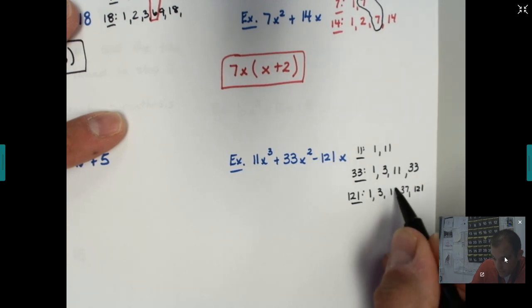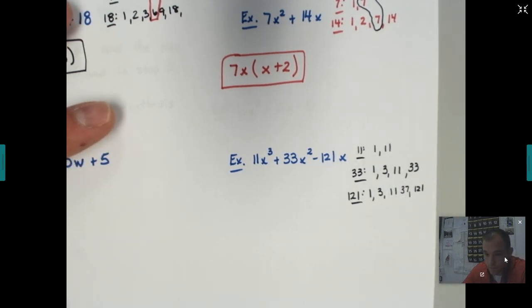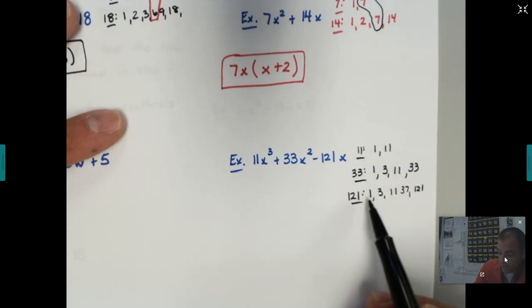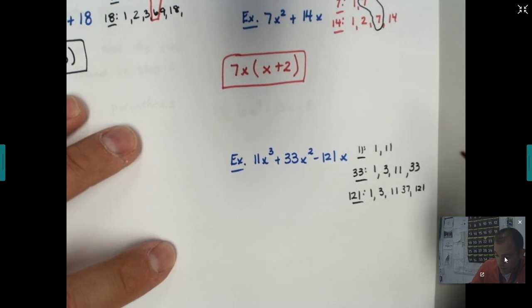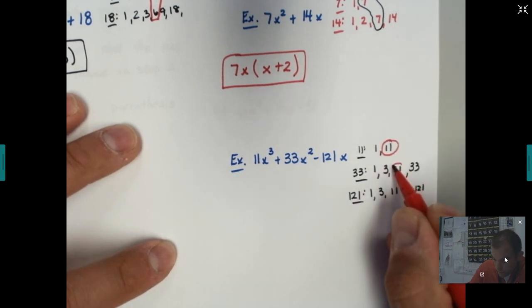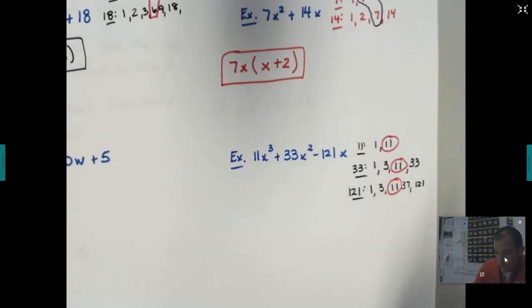And then 11 times 11 would get us 121. So if we look, they all have an 11 in common. So that's what I'm going to take out of these three problems.